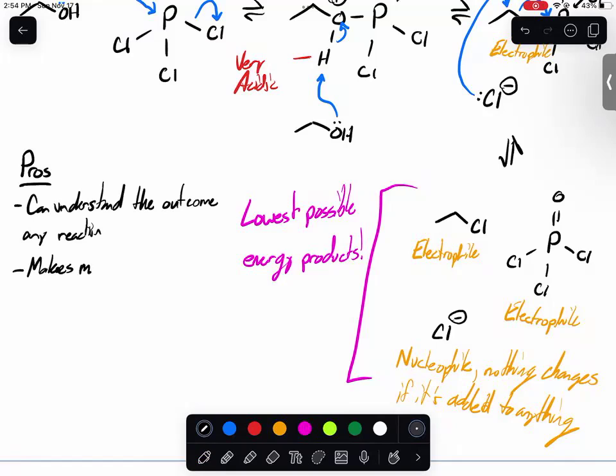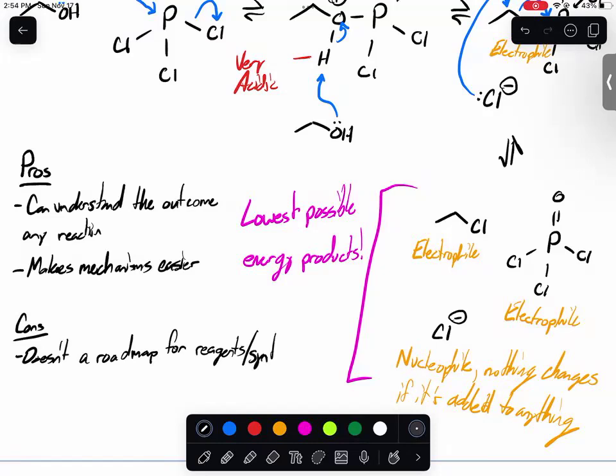But there is one important thing that it lacks, and that is, in terms of cons, it doesn't give you a roadmap for reagents or synthesis. Right? And the important one here is synthesis.